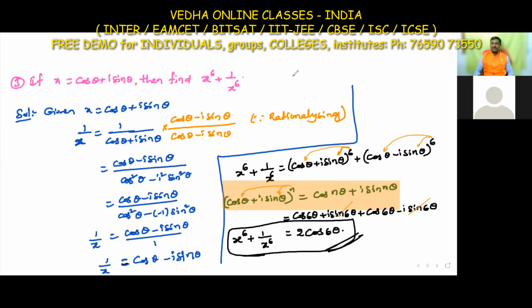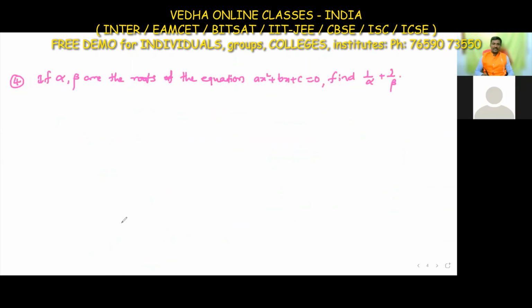Now, if alpha comma beta are the roots of the equation ax square plus bx plus c equals 0, then find 1 by alpha plus 1 by beta. What is given in this question?